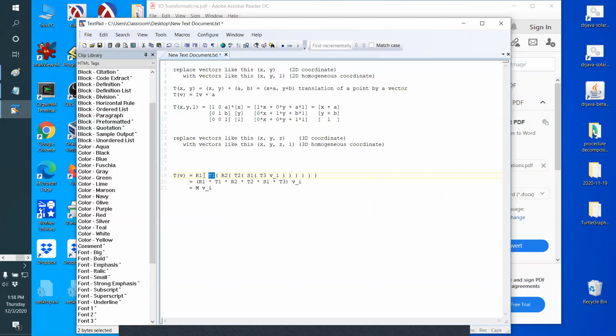So the computer would have to switch between doing a matrix operation and a vector operation, and a matrix operation and a vector operation. And it would have to do that for every one of the vertices, as opposed to pre-computing this one matrix and then applying it millions of times. Okay, so that's what somebody figured out about 40 years ago.